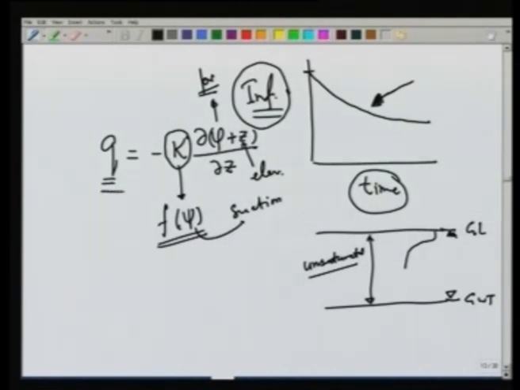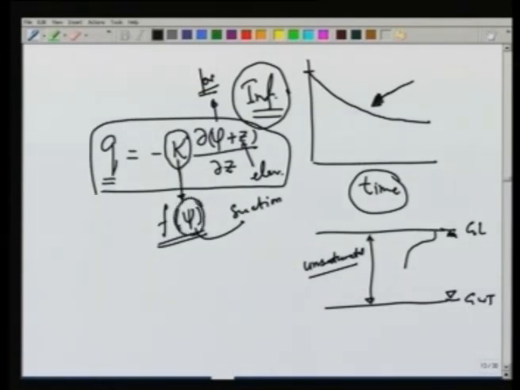So, this equation, as we have discussed earlier, is non-linear because K depends on psi, and then we have a partial of psi with respect to z. Again, this is assuming one dimensional vertical direction infiltration, which will be generally the case.